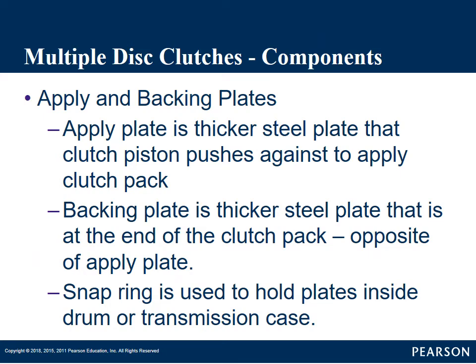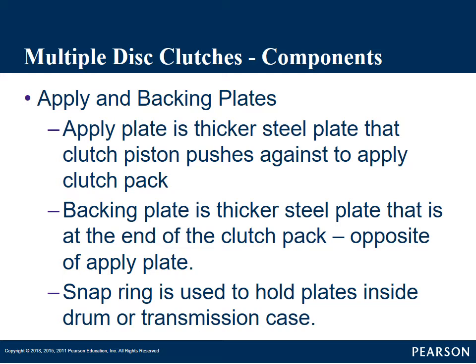Our apply and backing plates. The apply and backing plates are thicker steel plates used in clutch packs. The apply plate is the thick steel plate that goes against the piston. So when the piston engages, it pushes on this apply plate, which then pushes on the other steel and fiber discs in there, which then applies the clutch pack.